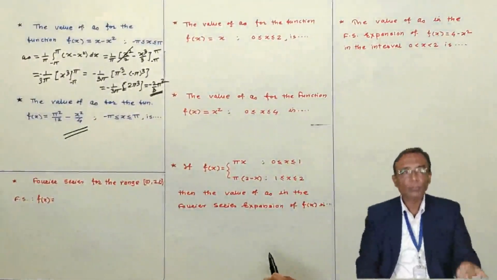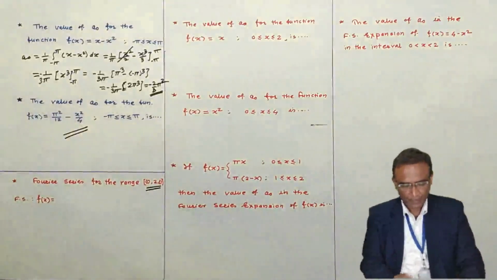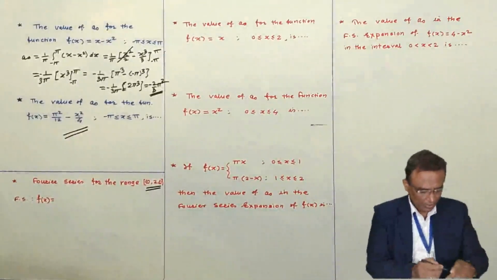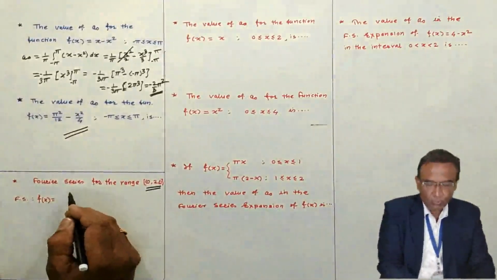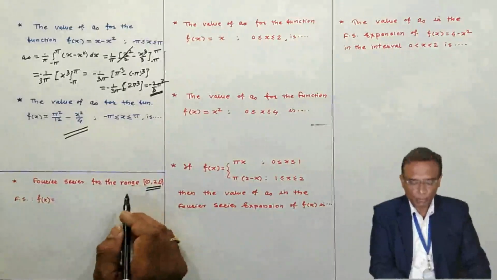Now, coming to the Fourier series for 0 to 2L. What is the formula for the Fourier series for 0 to 2L? This comes under the change of interval problem.